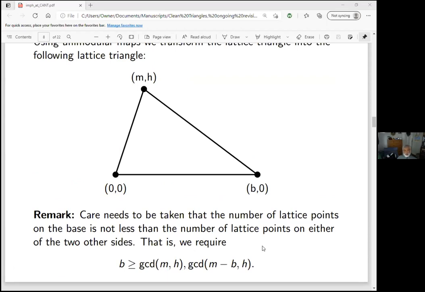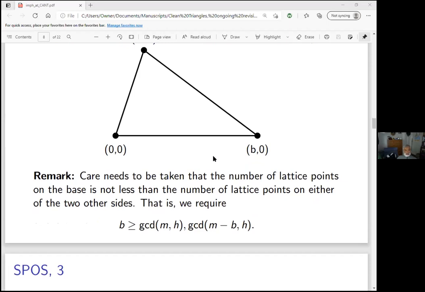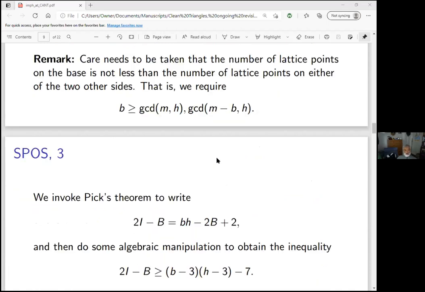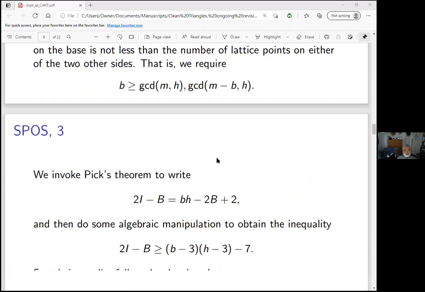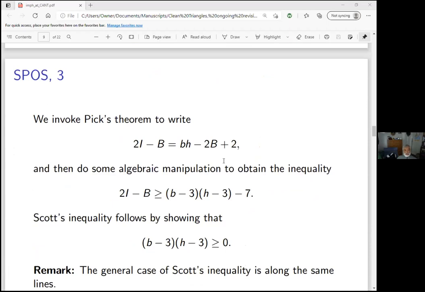Okay, so we transform our lattice triangle using unimodular maps into a triangle that looks like this. And then the second thing we use is Pick's theorem on lattice polygons.